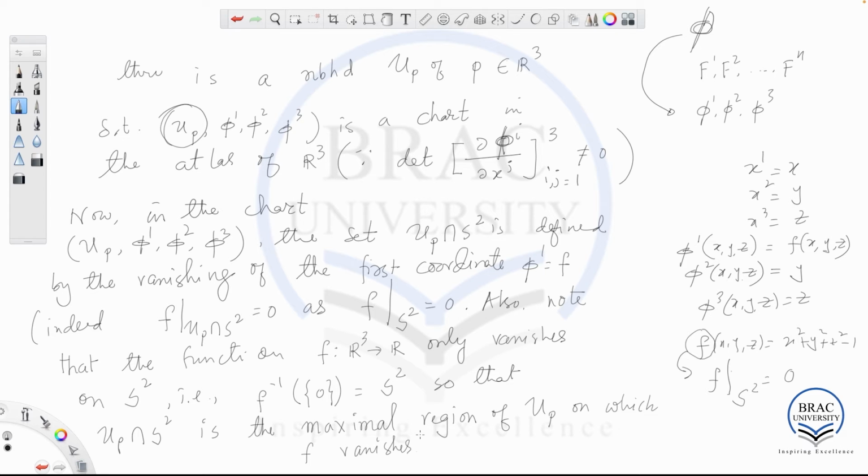In other words, there are no points in UP outside of U sub P intersected with S2 at which F vanishes. This is the maximal region. Good.